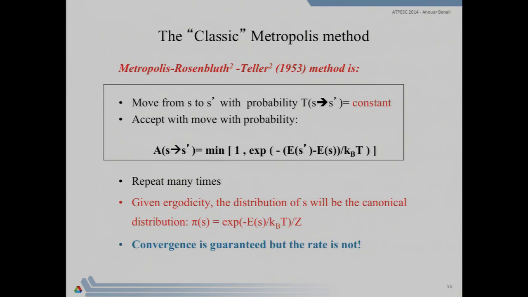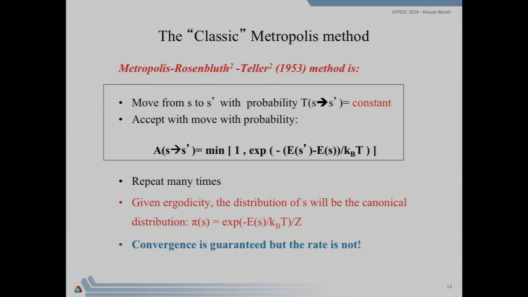So the second time, the classic Metropolis method that was made by Metropolis, Rosenbluth, and Teller states that to move from a state S to S prime with a probability of transmission that is constant, we accept the moves with this.